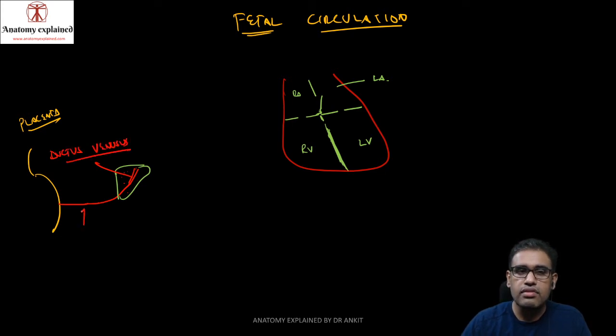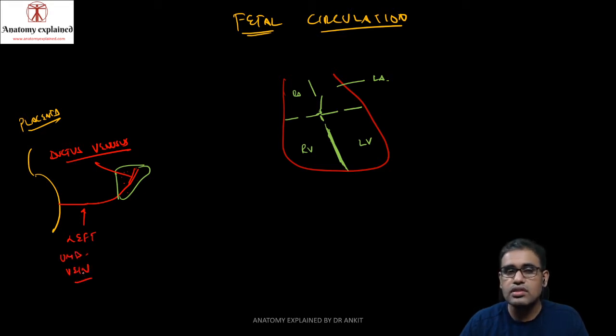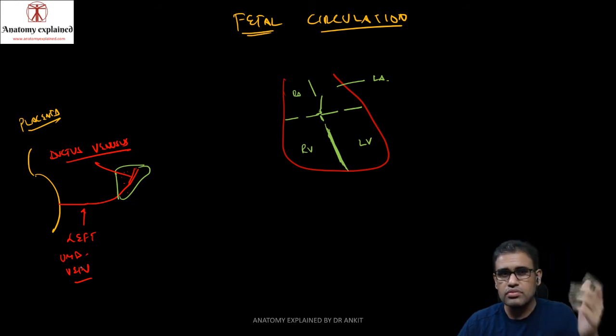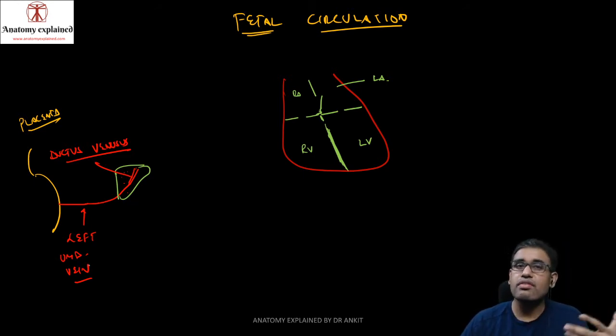And this vessel, which was carrying the oxygenated blood from the umbilicus, that is from the mother, is your left umbilical vein. The right one actually disappears; it is the left one which remains. So this left umbilical vein, which is carrying the oxygenated blood from the placenta through the umbilical cord, reaches the liver. It doesn't go totally inside the liver, but gives some blood for the normal amount required for the development of the liver.